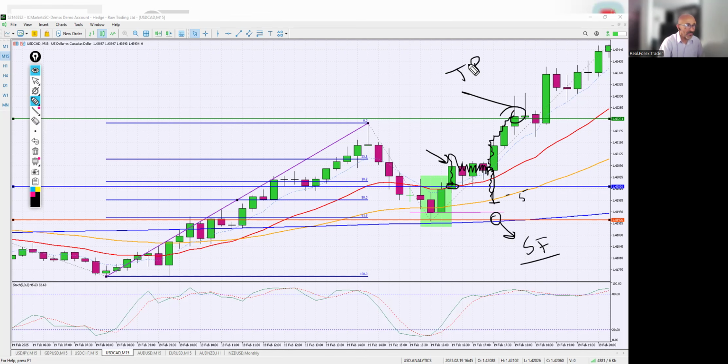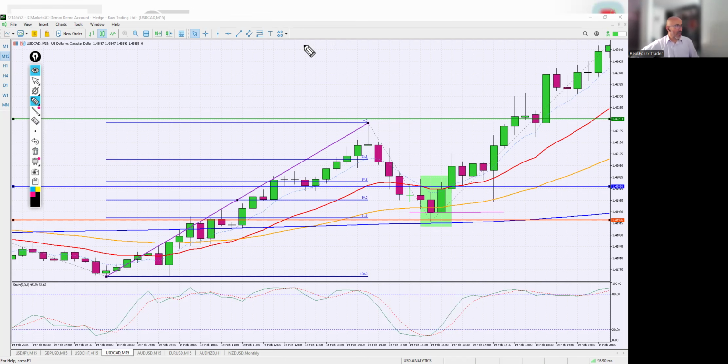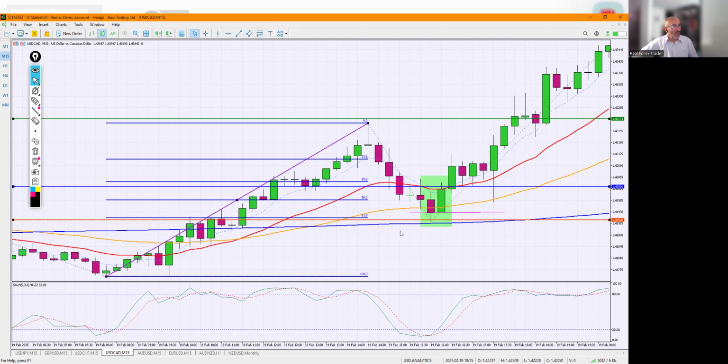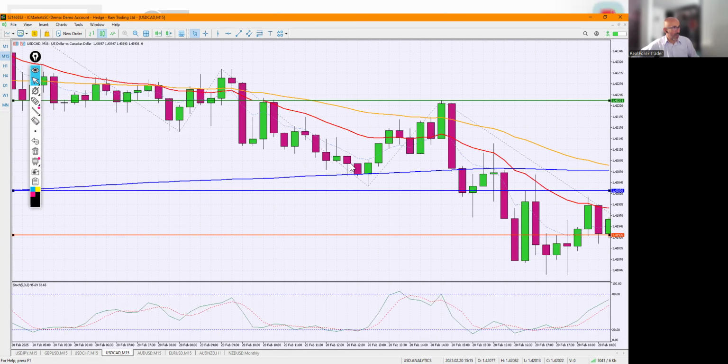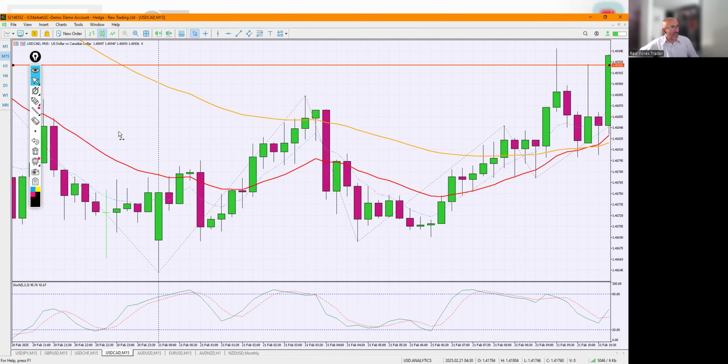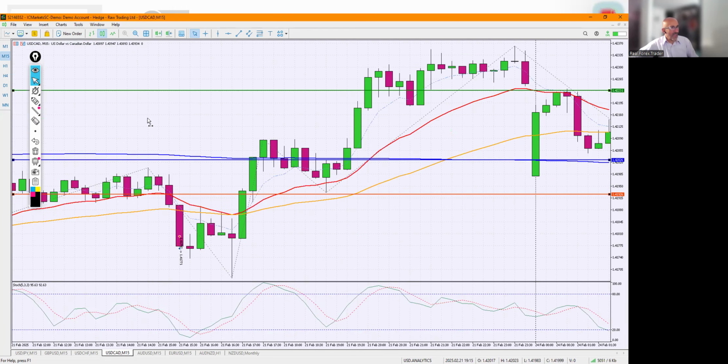So that's it. And look at this. Look at the behavior of my stochastic. The stochastic was also going up, right? So this is a very interesting observation for the Tweezer bottom. If you observe the others that I analyzed in here, that I spotted, you can also see similar behaviors, right?